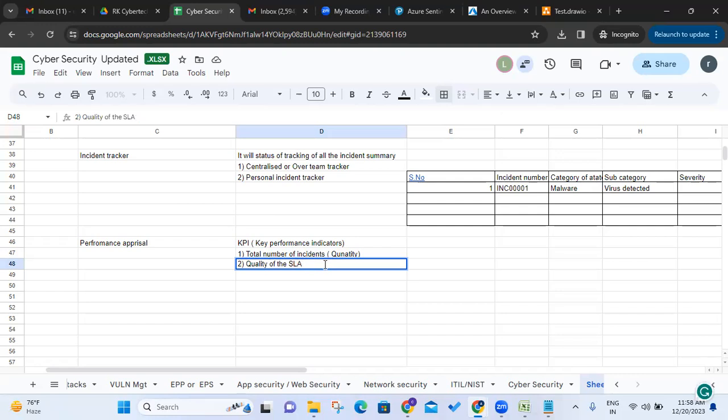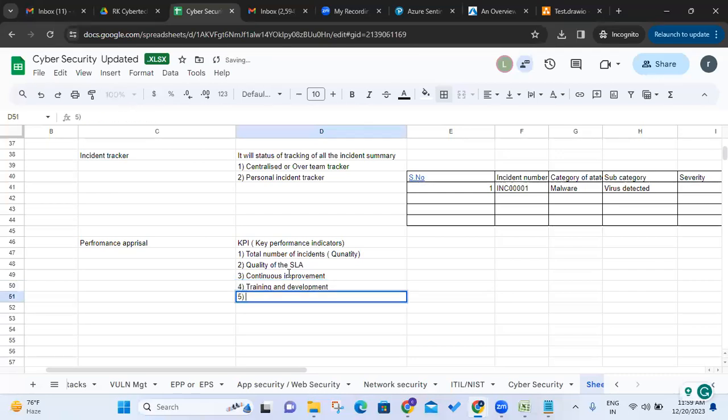In case it is breached, how many? Third one is continuous improvement. Fourth one belongs to training and development, or learning and development. Last one is customer satisfaction.